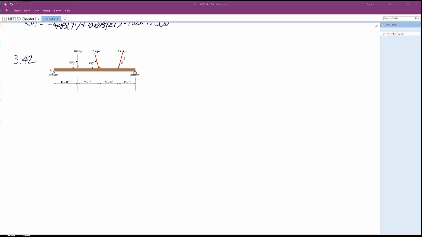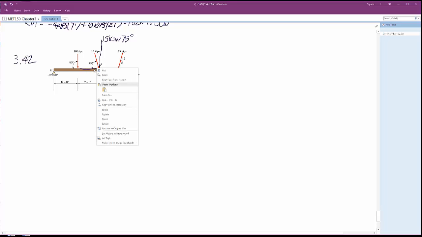Now this force would end up being 15 kips sine of 75 degrees, and then we also have a 15 kips here, which ends up going to the right, and that is 15 kips cosine of 75 degrees.